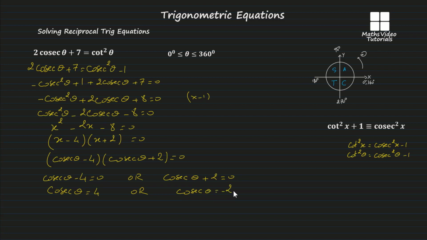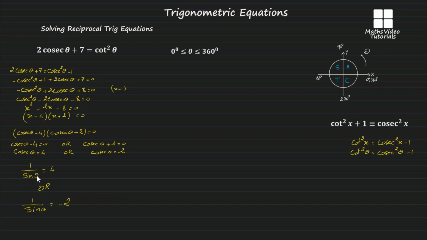Now what I need to do is to rewrite the cosec using the regular trig expression, which in this case is 1 over sine theta is equal to 4, and this one, same, 1 over sine theta is equal to minus 2.